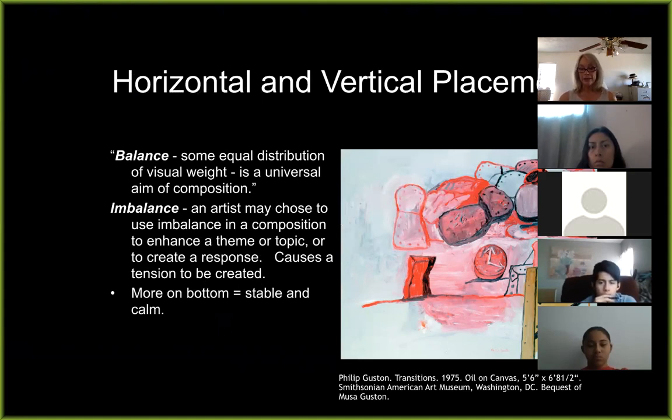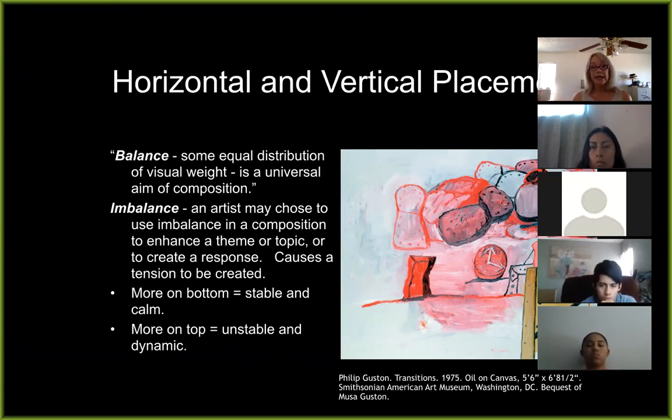When you have things more weighted towards the bottom, that creates a feeling of stability and calmness. When you end up with more on top, it's more dynamic, but it also feels more unstable. When you're designing things, try to keep this in mind. Even this week with your texture, you can use this sense of balance or imbalance to help convey the word that you're expressing with your texture.